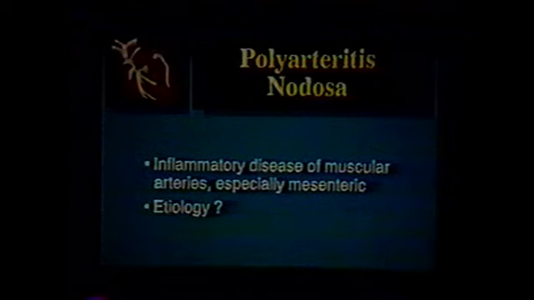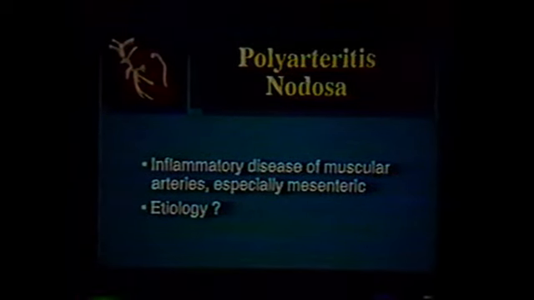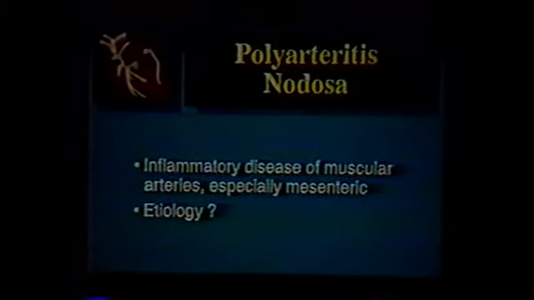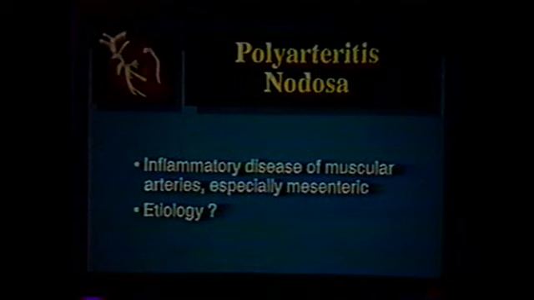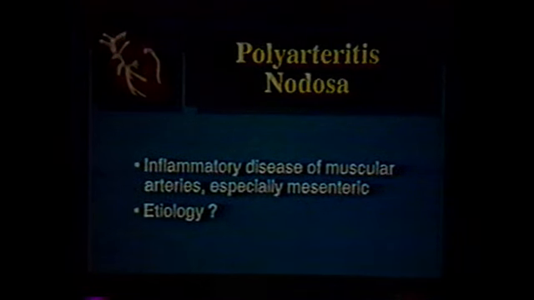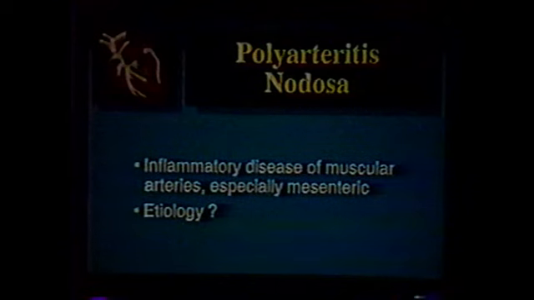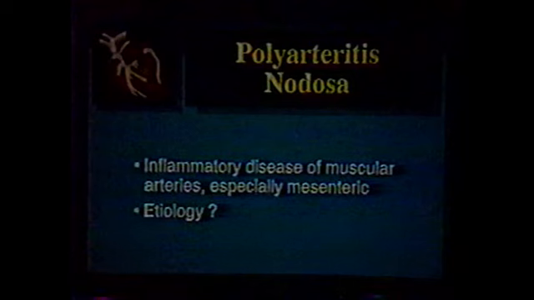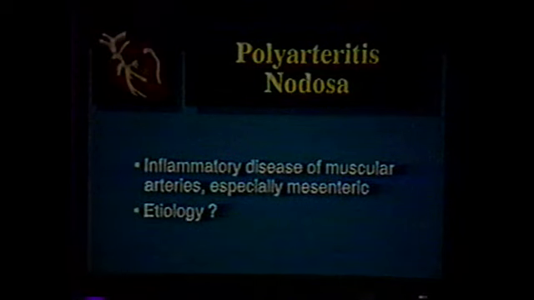Again, another incidental disease of the cardiovascular system is so-called Polyarteritis Nodosa or Periarteritis Nodosa. And this is a very interesting inflammatory disease of the muscular arteries, especially those in the mesentery.